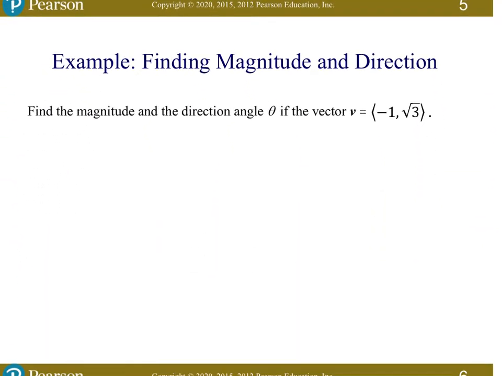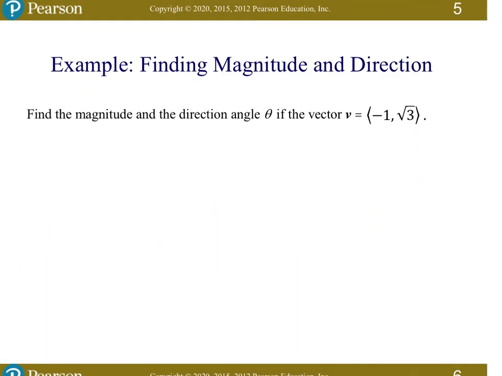Okay, so just quick practice. Find the magnitude and the direction angle for the vector with a -1 x component and a root 3 y component. So it always helps me to visualize it. So I'm going to put this into quadrant 2, -1 and root 3 here. So our vector is heading right there.